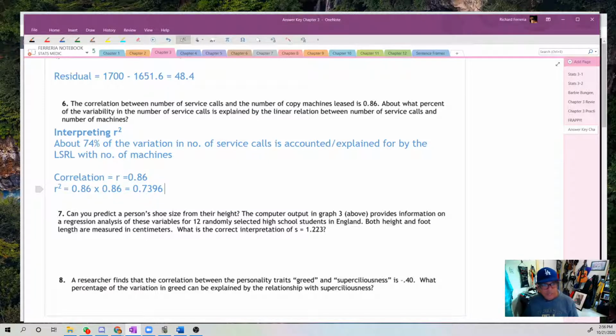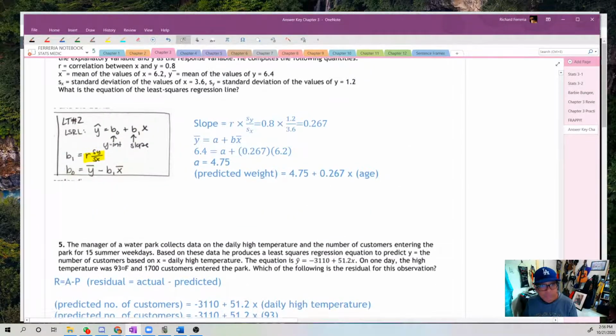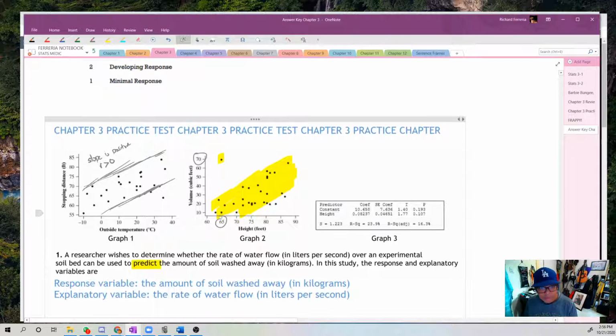So what is the correct interpretation of S equals 1.2223? In actuality, we don't need to look at graph 3. I'm going to scroll up to it, but none of this is really important because the only thing we're asked to do is interpret S from right here.